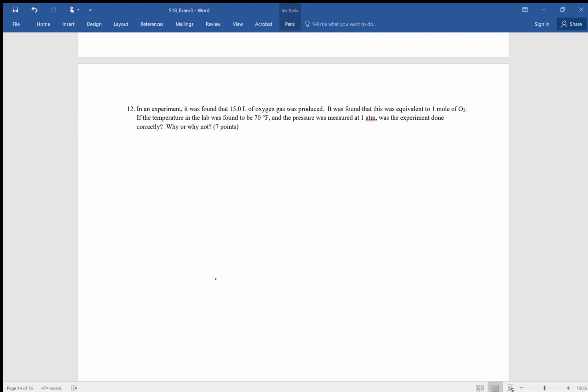Does this allow us to determine if the experiment was done correctly? Now, there's a lot of ways that we could approach this problem. But what I'm going to do here is, we've been given a volume, a number of moles, temperature, and a pressure. So that looks like we're dealing with an ideal gas law situation.